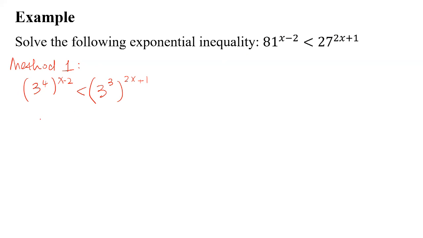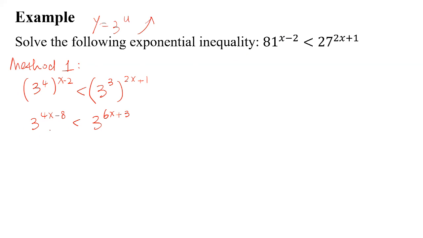And then this is equivalent to 3 to the power of 4x minus 8 less than 3 to the power of 6x plus 3, right? And from here, as you can see, the function y equals 3 to the power of u is an increasing function, right?